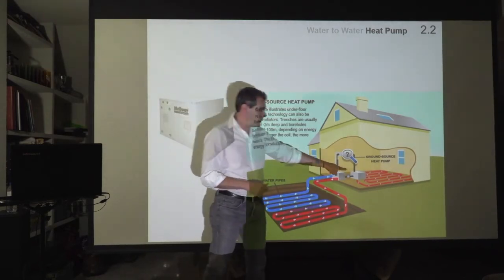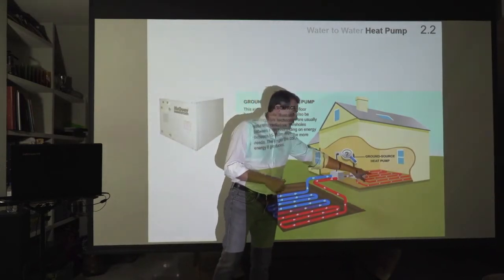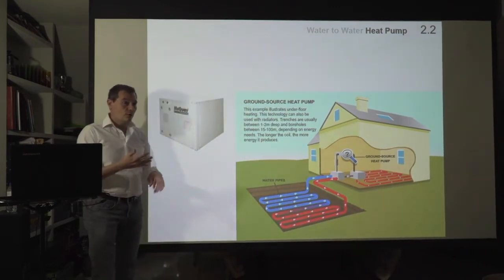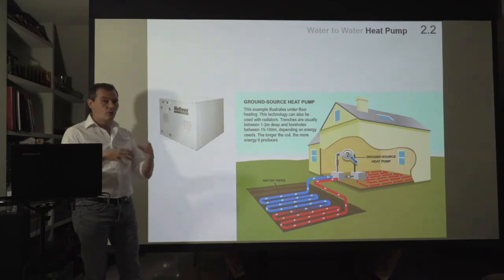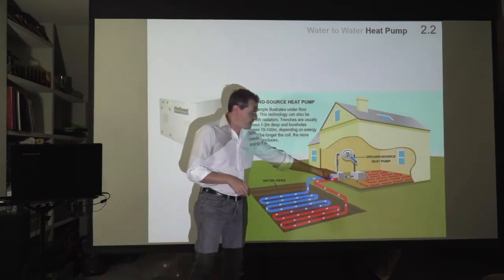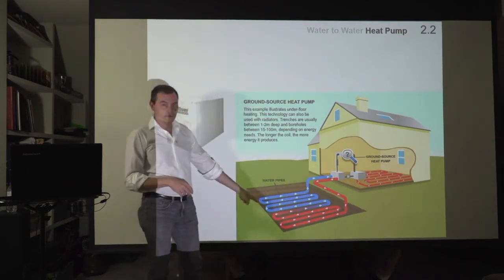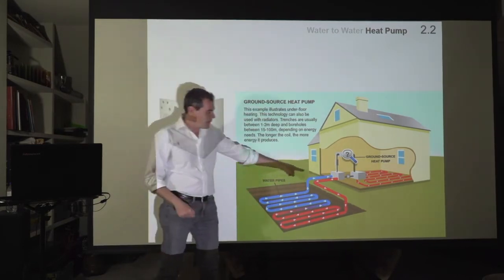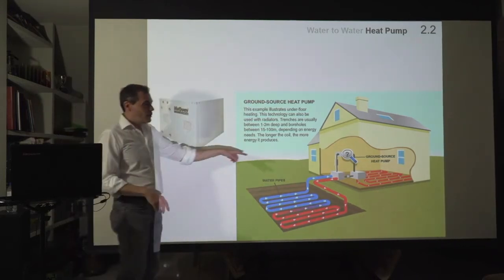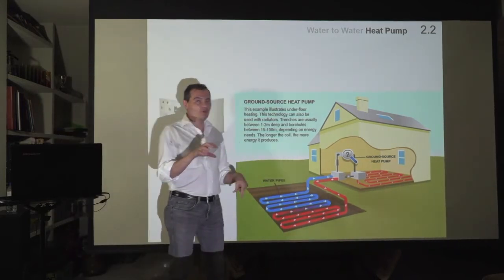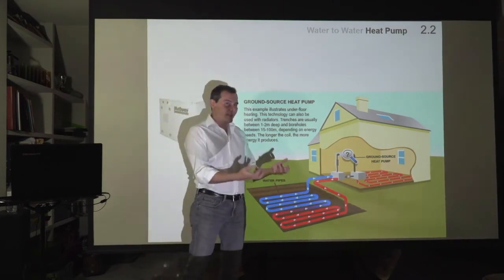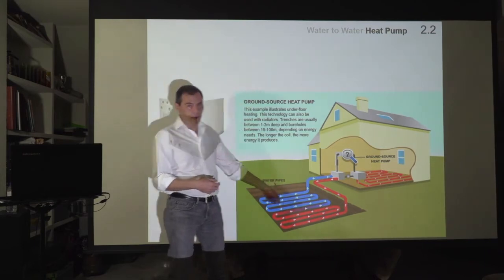Because it's working with water, the indoor element is either a radiator, a radiant floor, a radiant ceiling, so it's something that works with water, but the outdoor element is water as well. So we have water pipes buried, and this is what we call a water-to-water heat pump, what we call a ground source heat pump, because it takes the energy from the ground.